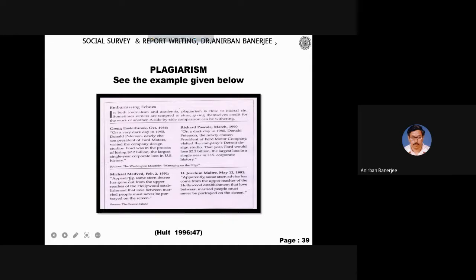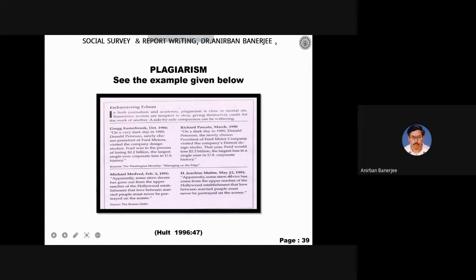Here is another example from Michael Medved on February 2, 1991: Apparently, some stern decree has gone out from the upper reaches of the Hollywood establishment that love between married couples must never be portrayed on the screen. Source, the Boston Globe. And see Joachim Maitre.